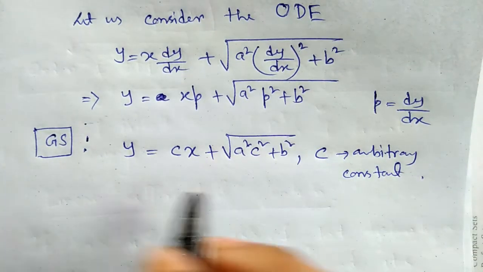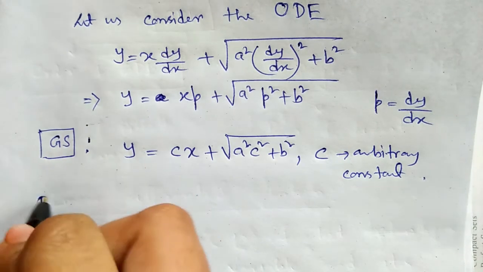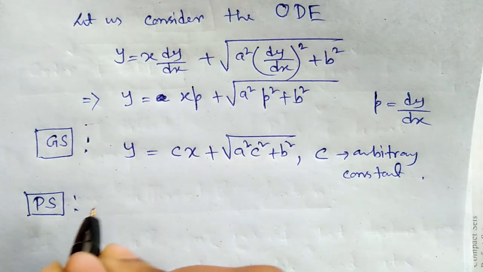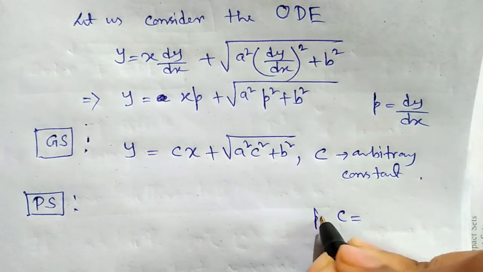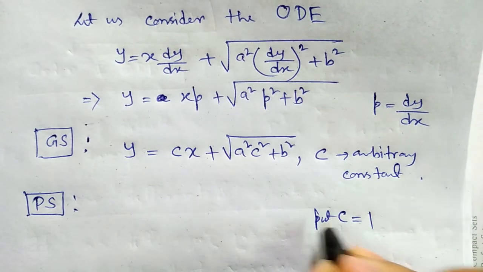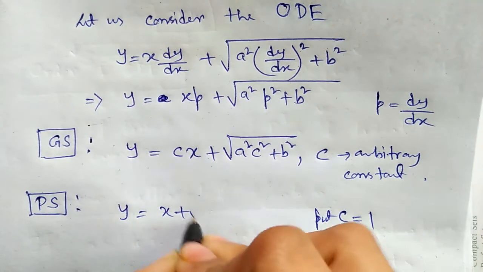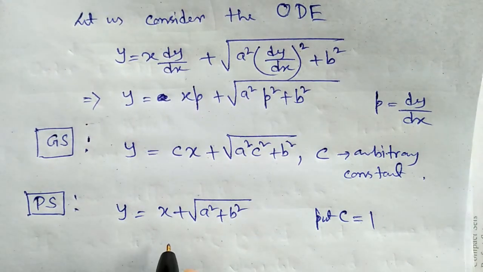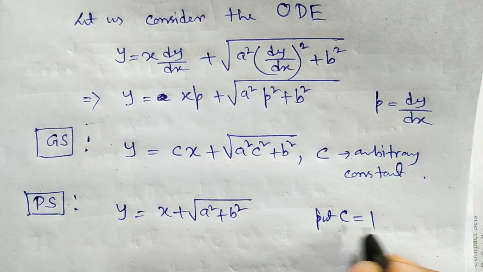This is the form of the general solution. In the case of the particular solution, we have to put some particular value of c. Suppose we put c equal to 1, then we get a particular solution, y equal to x plus root over a square plus b square.